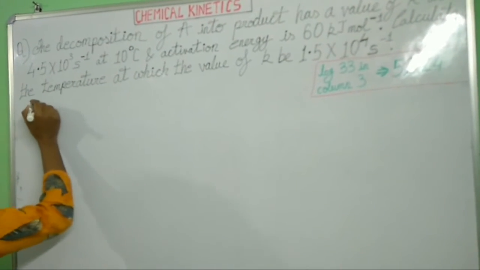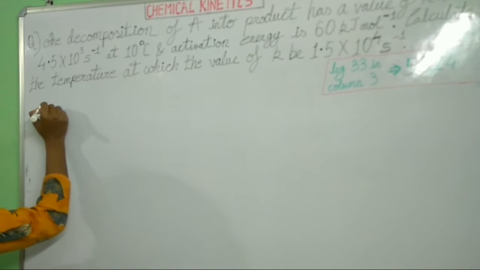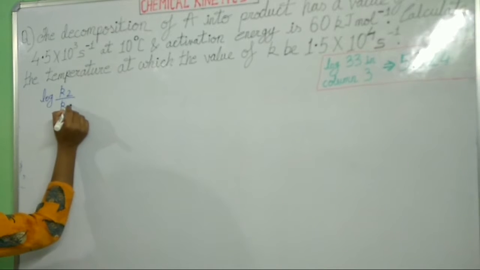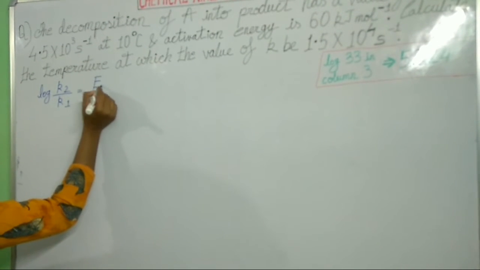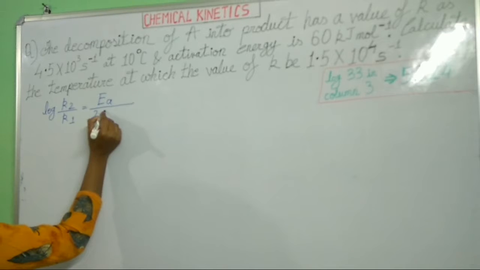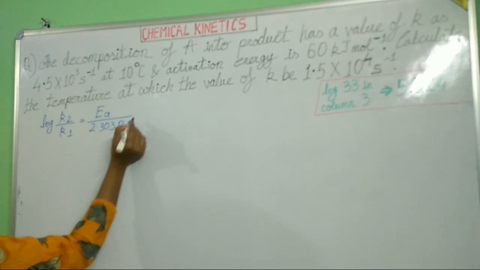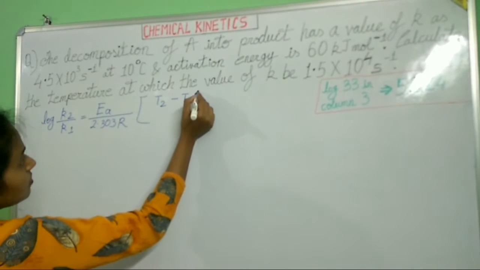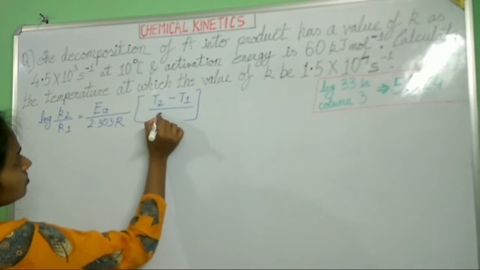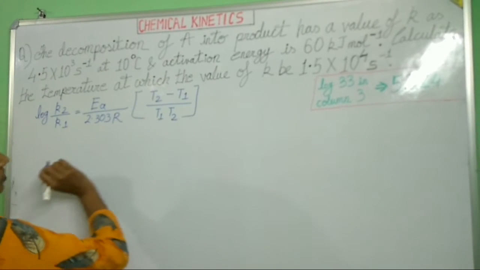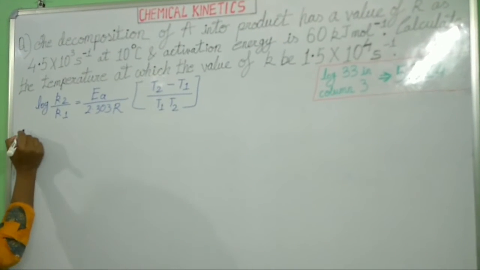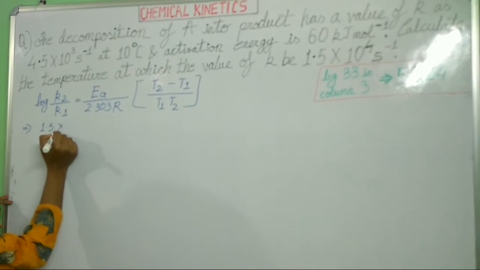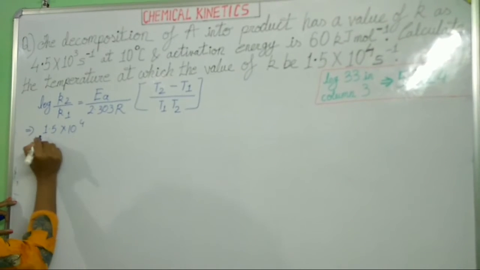So, as we know, the formula is log K2 by K1 equal to EA by 2.303 R into T2 minus T1 divided by T1 into T2, right? So what is K2's value given in the question? 1.5 into 10 to the power 4 per second, right?